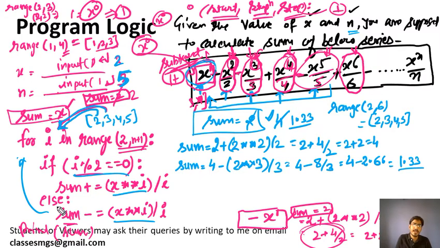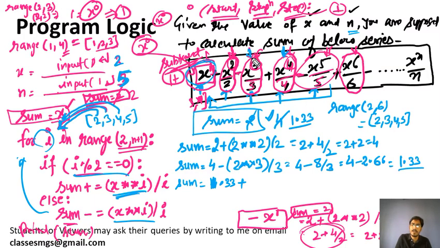Now next time this loop will execute again with the value 4. The i value becomes 4. So 4 % 2 equals 0, because 4 is completely divisible by 2. That's why this will execute. The sum will become the existing value 1.33 plus, this time we add, because if the power of x is an even number, then we are adding.